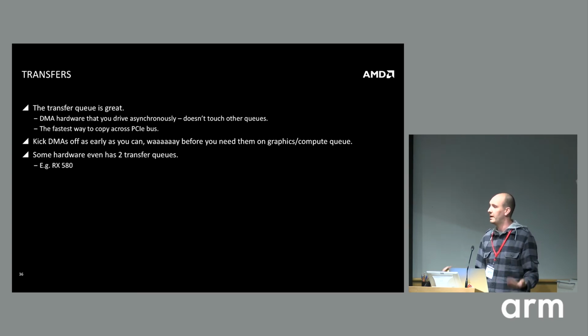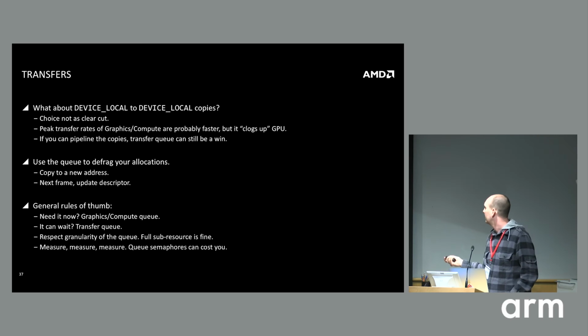It won't need to launch any wavefronts to do that memory access. If you run something on the compute queue, it's going to have to spin up a shader to do that memory access and copy it. So by putting things on the transfer queue, you can offload the other queues. You won't need to clog the GPU up with wavefronts running blit shaders effectively.